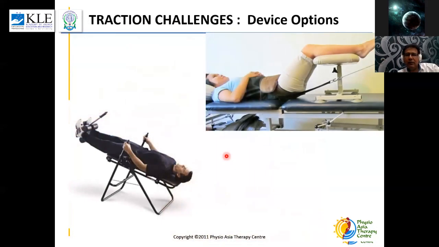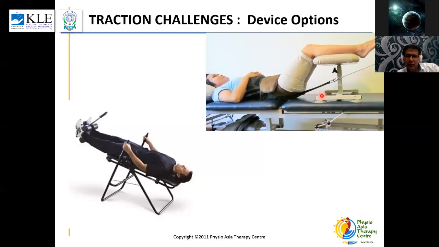So if we look at different traction options, these are, as you probably have been practicing in your clinicals, having the patient positioned, having the flexion stool, applying the force, and trying to stretch them.